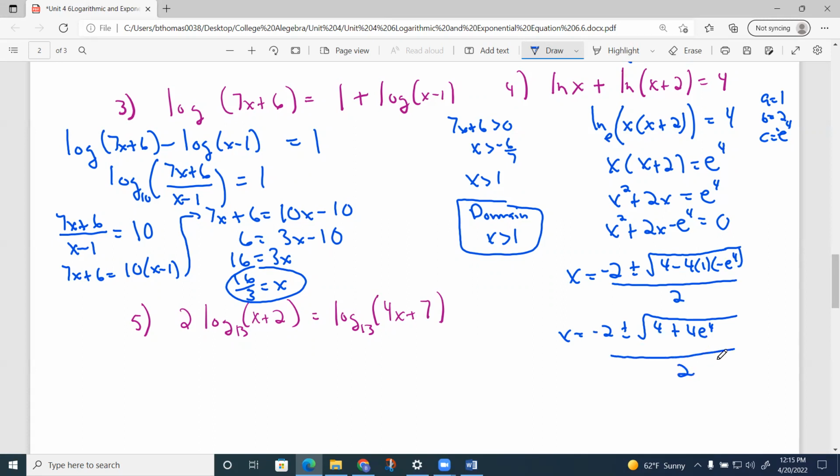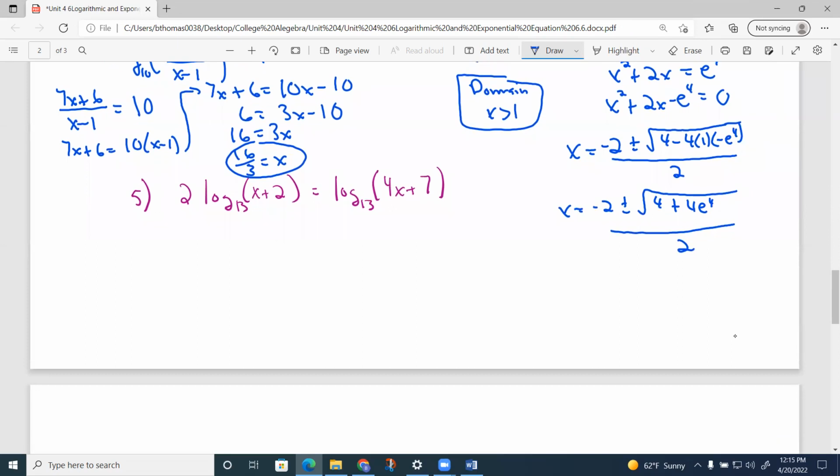A little bit more to do. I got a little bit more room. So what we see here is inside the square root, we do have a common factor of 4 that I can factor. So this becomes negative 2 plus or minus the square root of 4 times 1 plus e to the 4th, over 2.